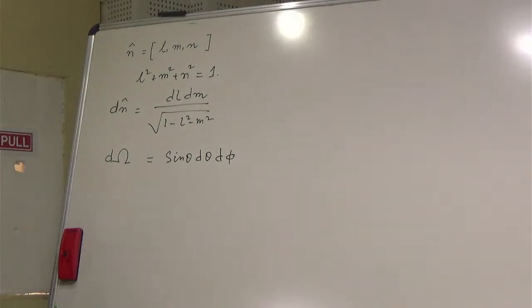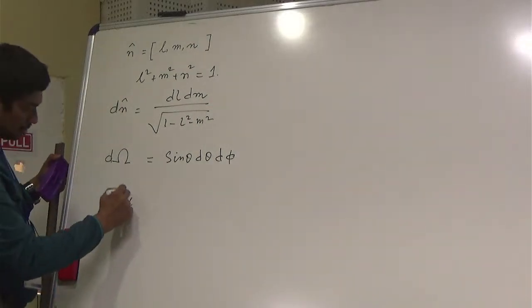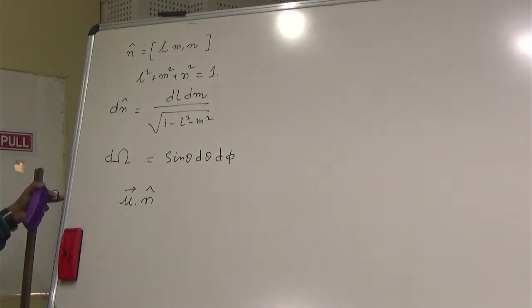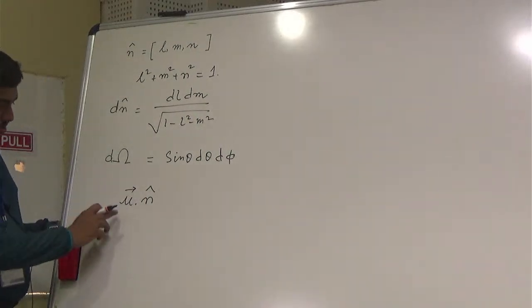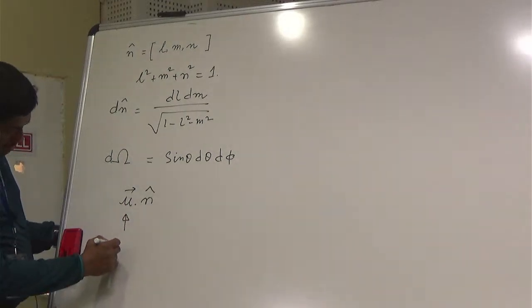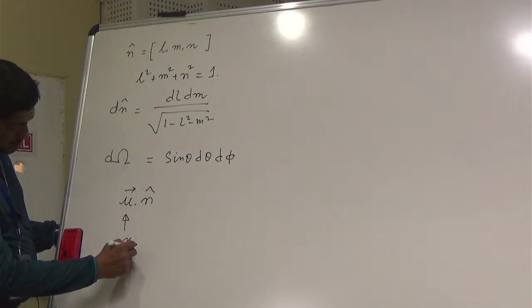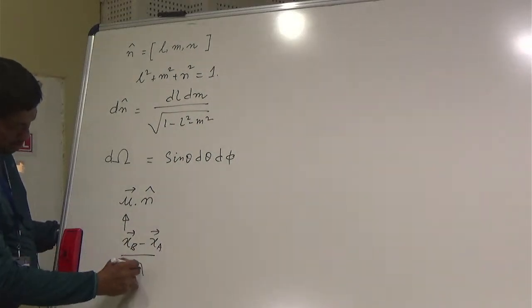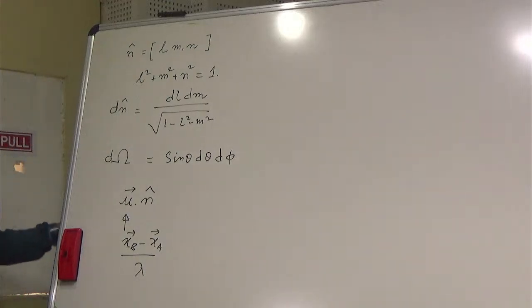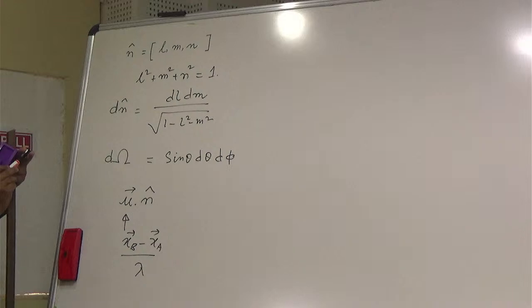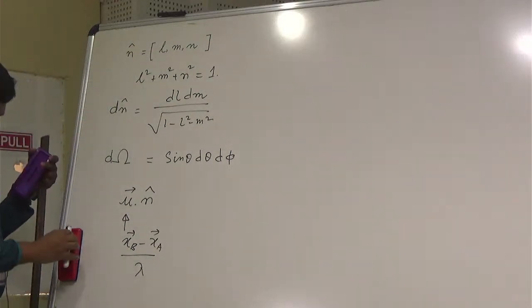And then when I have that u dot n cap over there, this u, which I have written small u, remember that this is xp minus xa by the observing wavelength. There are three components. n has three components which you can see here.